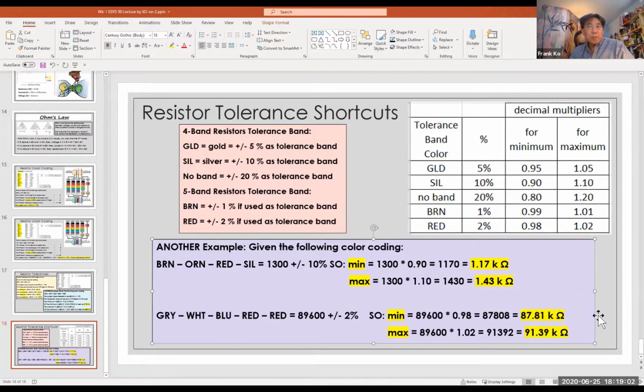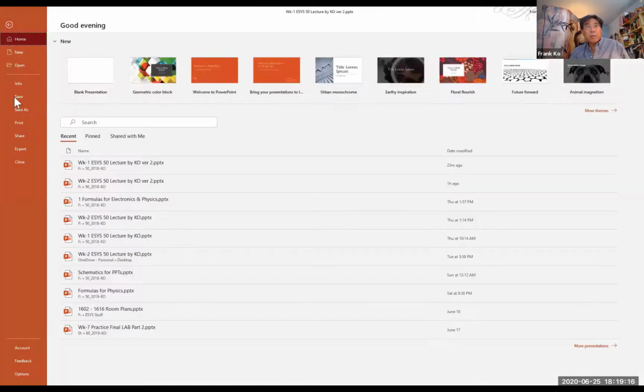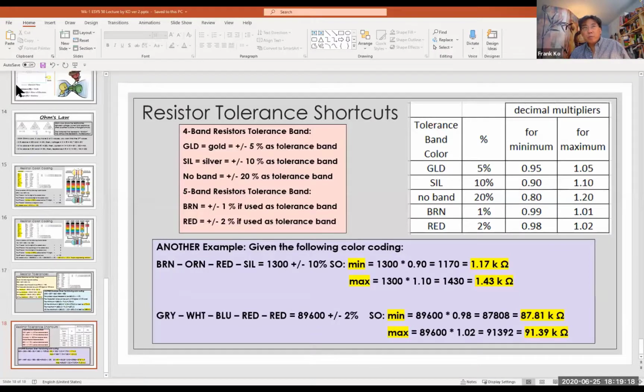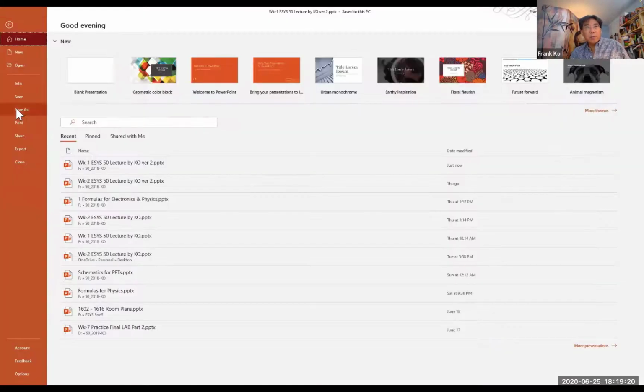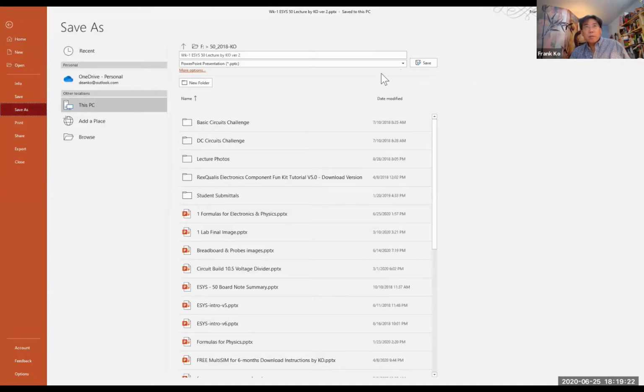Any questions about this? Because you have an exercise on calculating minimum maximum tolerances on resistor color codes, and that's part of this week's assignments. It's a 25-point exercise. So let me go ahead and hit save, and save as, because I'm doing this in the form of a PDF as well.